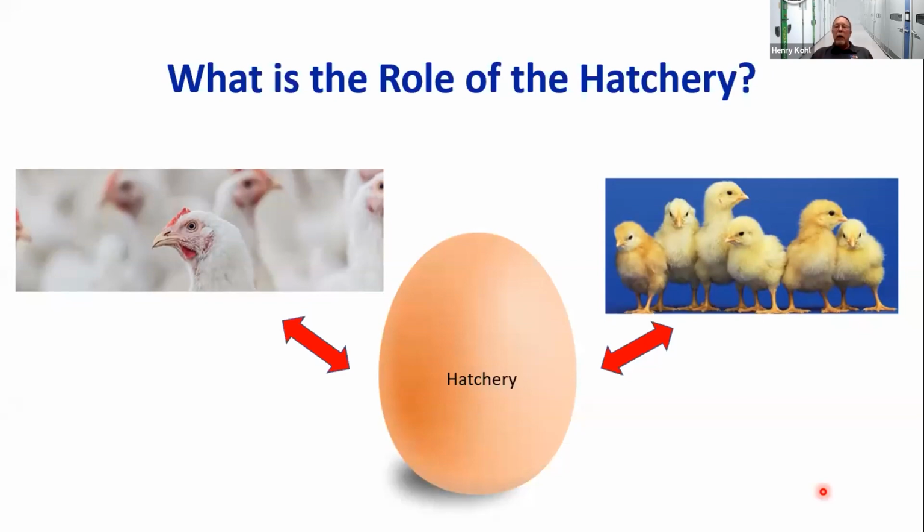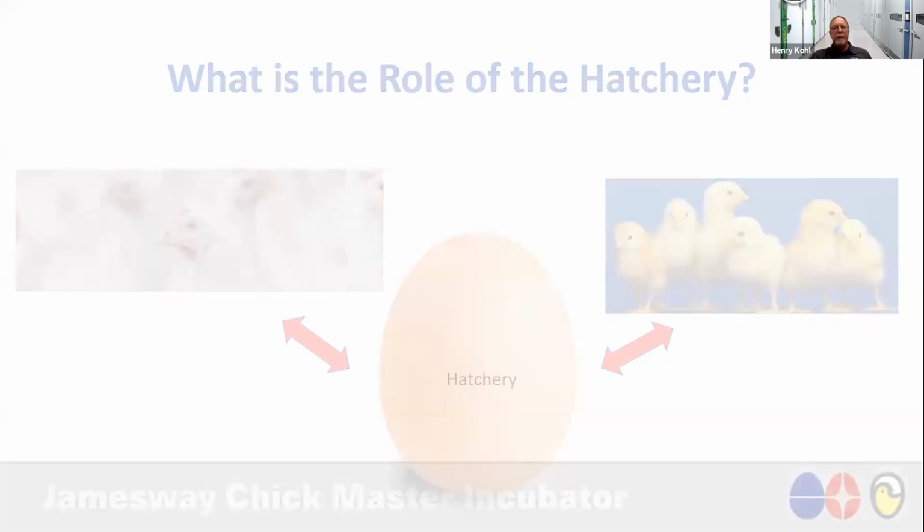And then the grow out department should relay information on 3 and 7 day livability to the hatchery. So the hatchery is kind of a central hub in live production, where information is coming in and out. So it is key that the information gathered in the hatchery is good information.